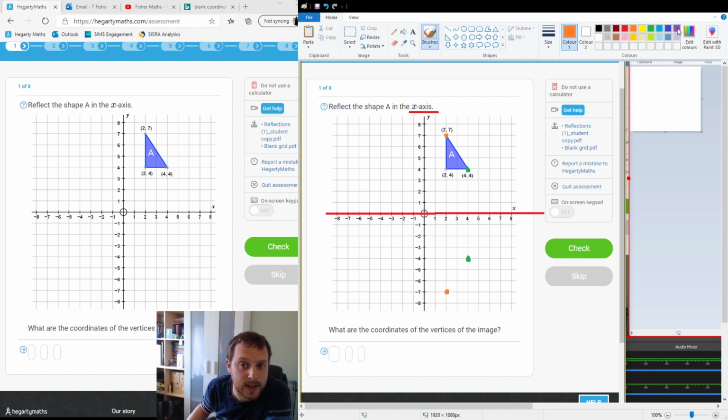Right and left stay the same. And then 2, 2, 4. So it's as though I go along, and instead of going up to here, I'm actually flipping and going there, right? And then I'll join these corners up.